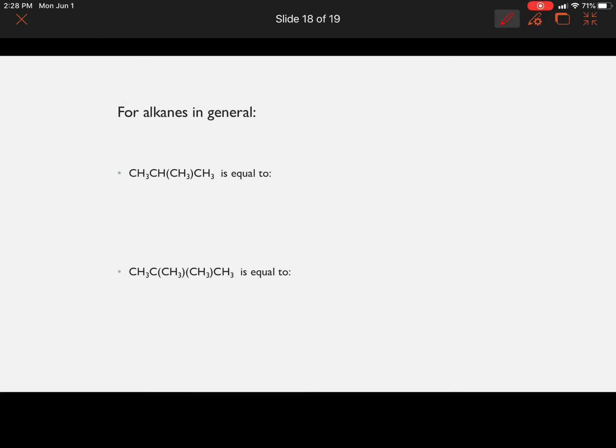Now, for alkanes in general, this is another notation. Sometimes you'll see this notation because it's hard to type organic molecules. So you'll see them written like this. And what this means is that this CH3 that's in brackets is a radical on the prior carbon. So if we were to recopy this, it would be CH3, CH, and then I would take this and put it on the prior one, and then a CH3.